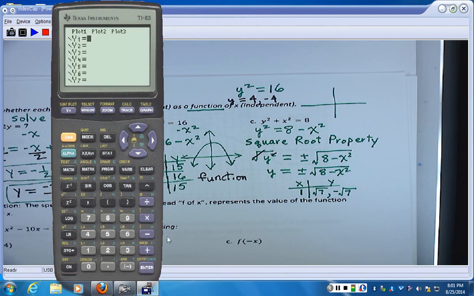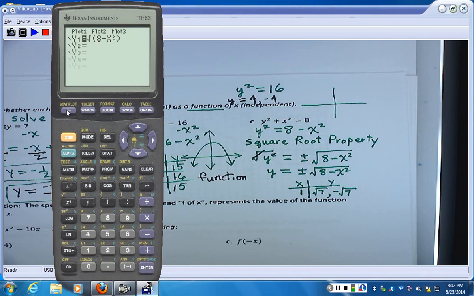I can do the positive square root of 8 minus x squared, and that's what it looks like. Looks like an ellipse or something. And that's only half of it.